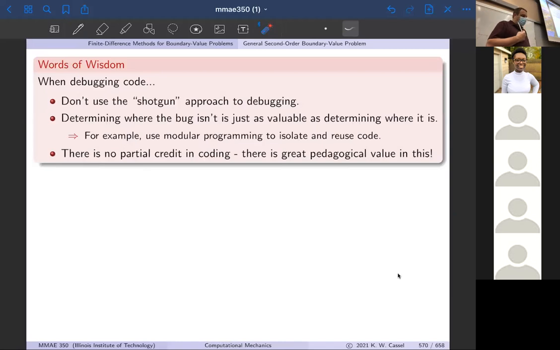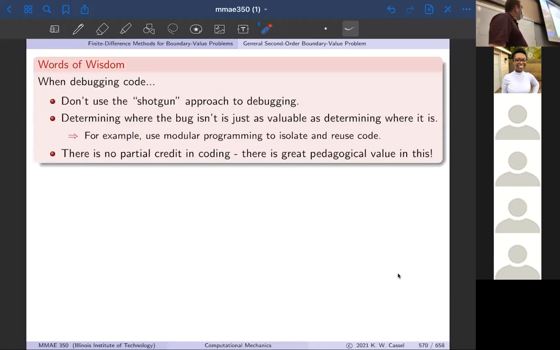Maybe you'll do fine in the class, maybe you won't, we'll see. But in any case, for those of you, which hopefully is all of you, that are doing the coding, one thing that you learn, hopefully, is debugging strategies. I'm not giving probably enough coding in this class to really learn these strategies, but let me just give you a couple of pointers when it comes to debugging.